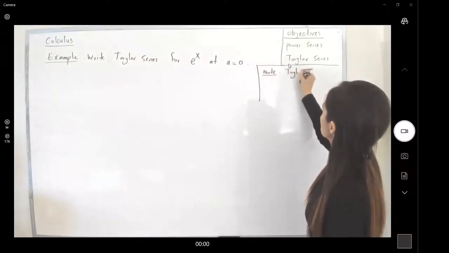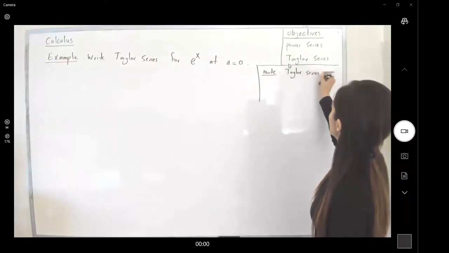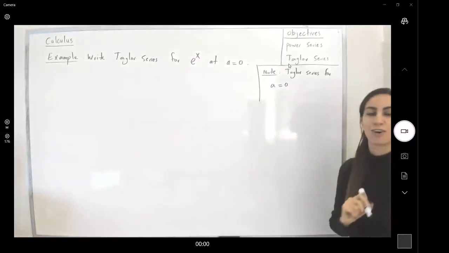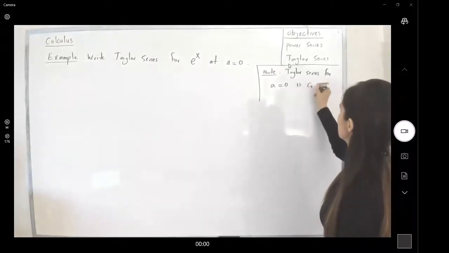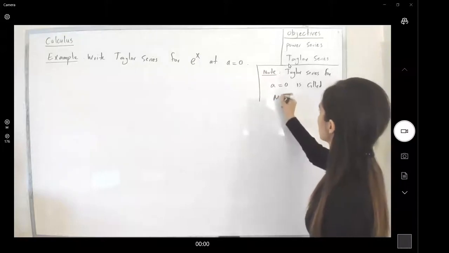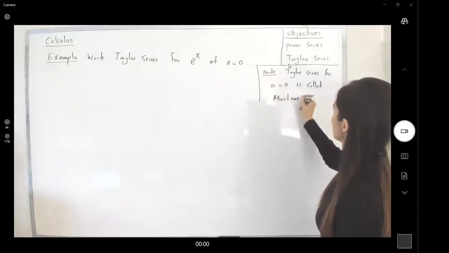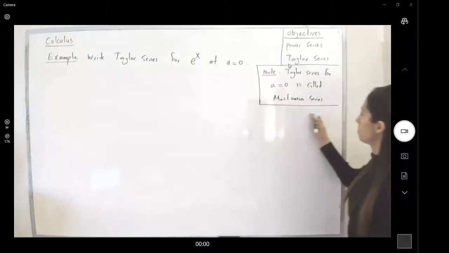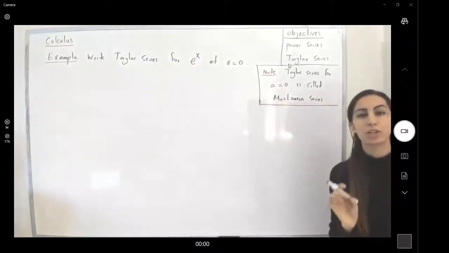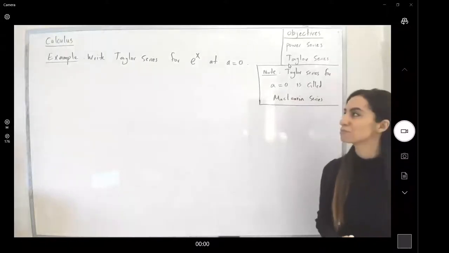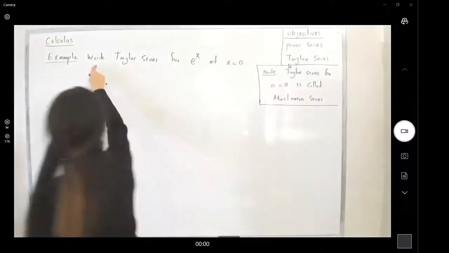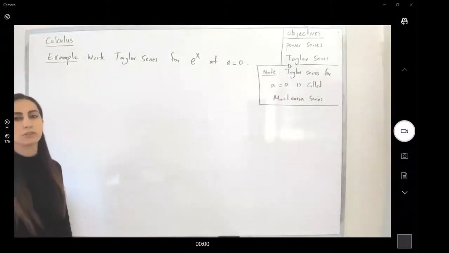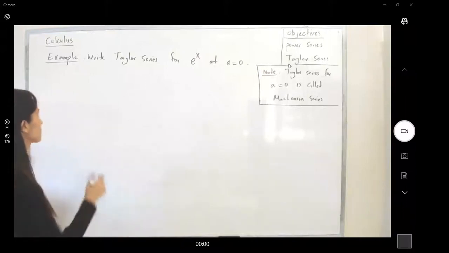Taylor series for a equal to 0 is called Maclaurin series. So Maclaurin series is a special case of the Taylor series. So when the question says, write the Taylor series for e to the x at a equal to 0, it means that they are looking for the Maclaurin series.